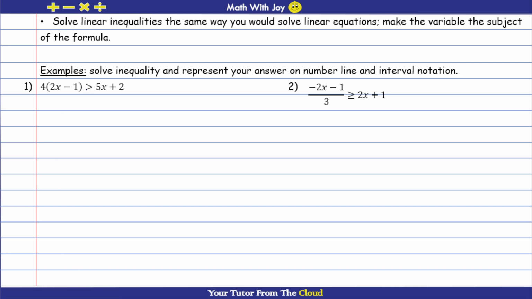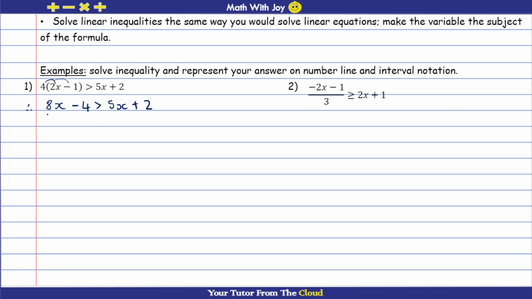So if I want to solve this, I'm going to treat this inequality, this greater than sign over here, as an equal sign, and we're going to solve easily. I need to get rid of the brackets, so I'm going to have 8x minus 4 greater than 5x plus 2.